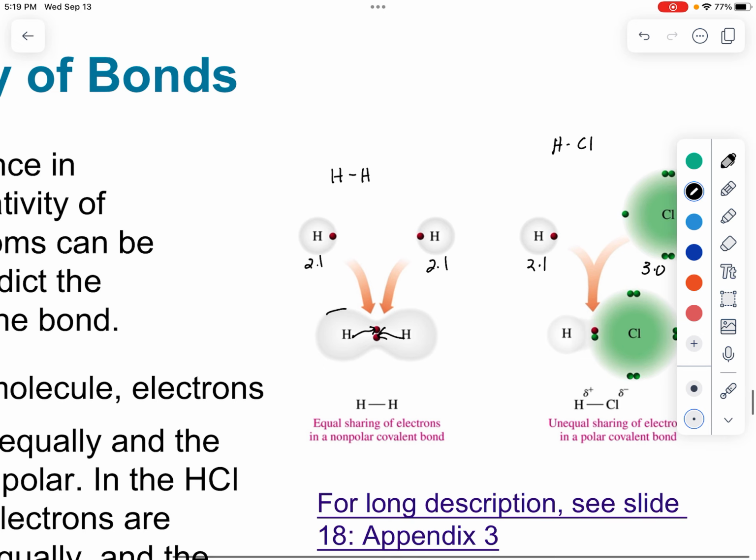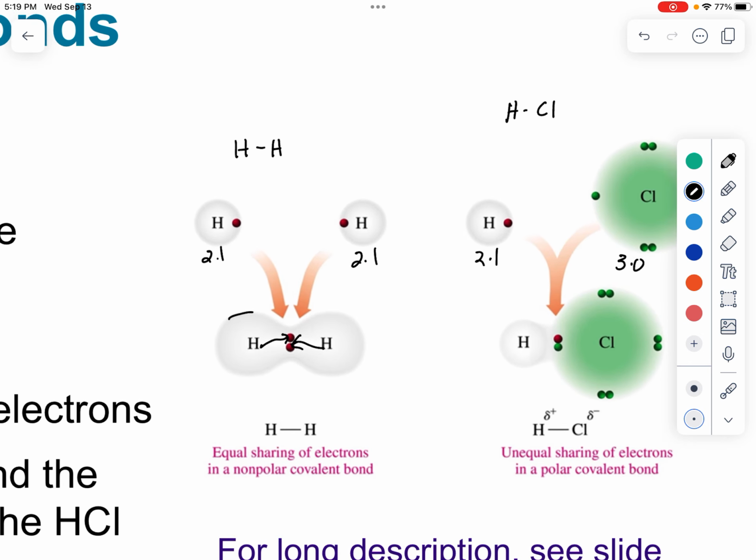However, it's a different scenario if we look at HCl. Chlorine has 17 electrons. Hydrogen only has 1. Chlorine has 17 electrons, but the important part is it has 17 protons. So imagine there's 17 positive charges trying to attract that electron, but only 1 trying to attract that electron.